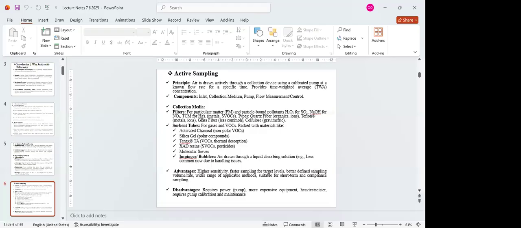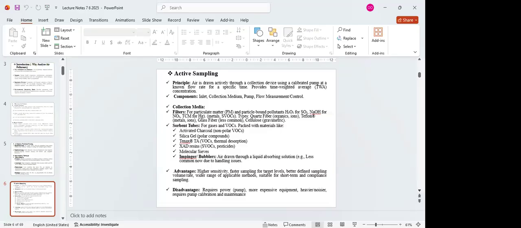There are situations where, from an impinger or bubbler, you can directly feed one of the analytical equipment like the GC-MS and LC-MS equipment. So that serves as one of the collection media for some of these pollutants.